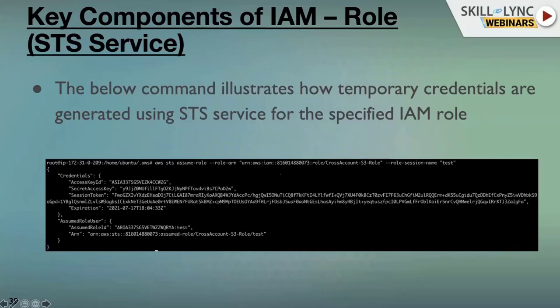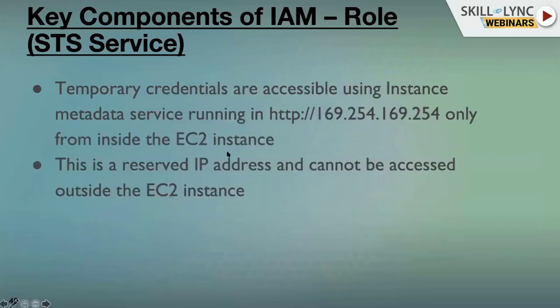As I told, this particular role ARN is created by the account admin, and he shares it with us. You enter that role ARN and give a session name, which is customizable. I've just given it as test here. Once you enter this, you'll see the credentials. These are temporary credentials: an access key ID, secret access key, and session token generated for this user, and you start leveraging them.